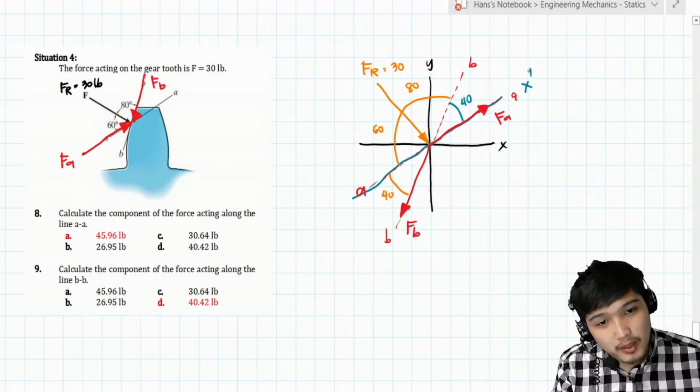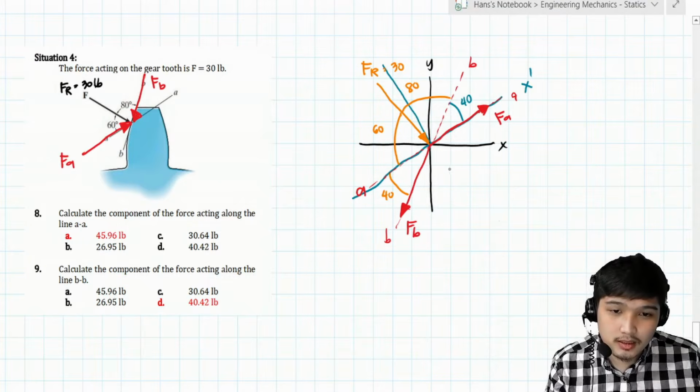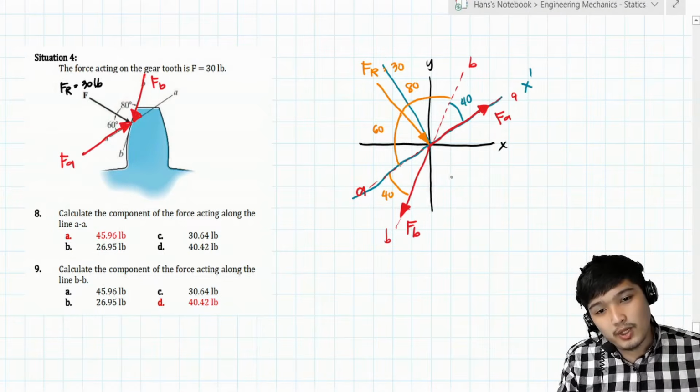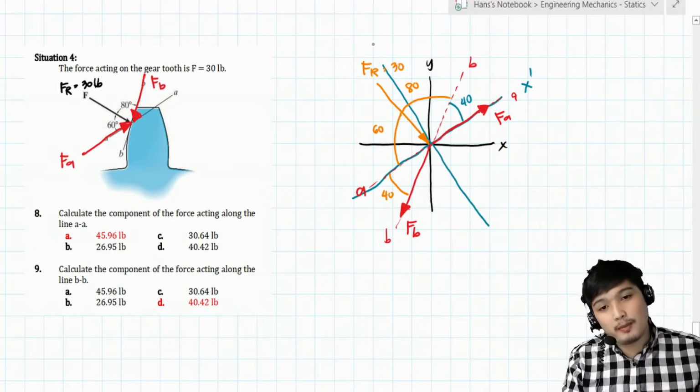So therefore, the perpendicular to the x prime axis is somewhere here. So this is the y prime axis. Wait, I can't make a straight line. There. So this is the y prime. Okay?